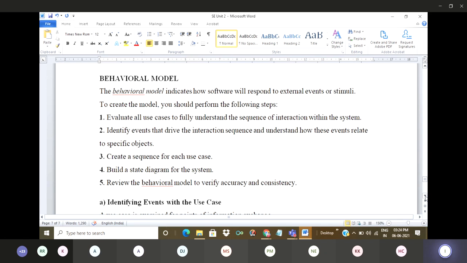Second, identify events that drive the interaction sequence and understand how these events lead to specific objects. Third, create a sequence for each use case. Fourth, build a state diagram for the system. Fifth, review the behavioral model to verify accuracy and consistency. These are the steps to be followed to create behavioral models.